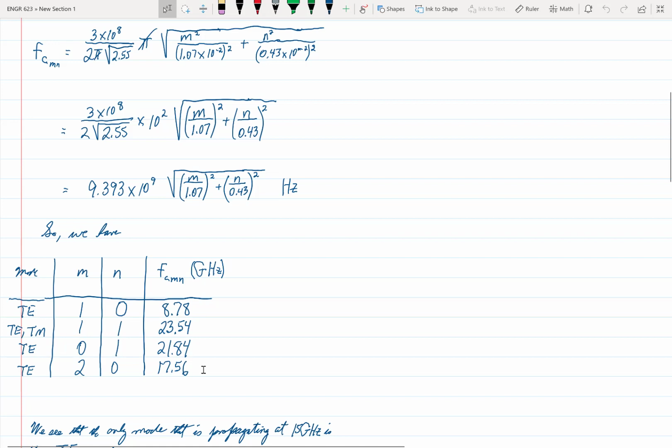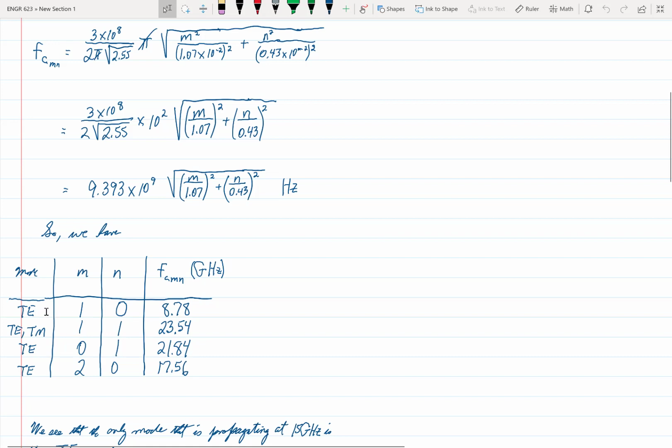And so remember that in this problem, we are at 15 gigahertz. So only one mode is propagating, and that is the TE10 mode. All the other modes, since their cutoff frequencies are higher than the operating frequency, will be evanescent modes.